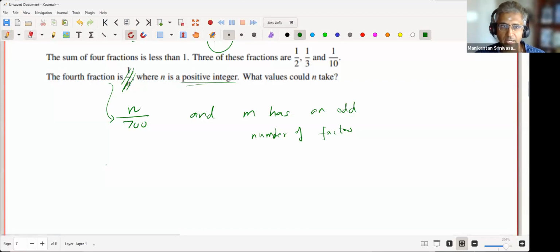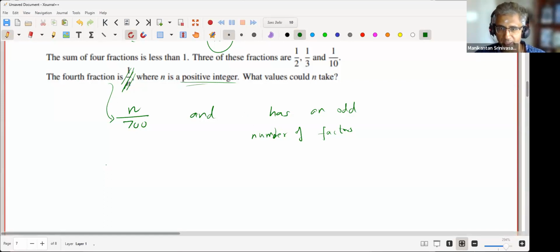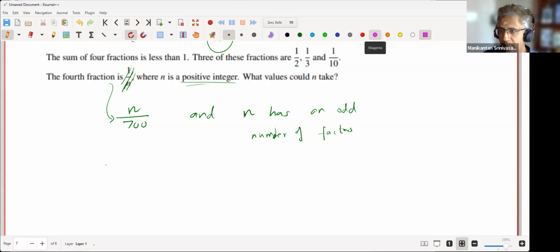You can list out all the possible values for N. Anya, any idea? Oh, 1 second, I'm just solving it. Okay.